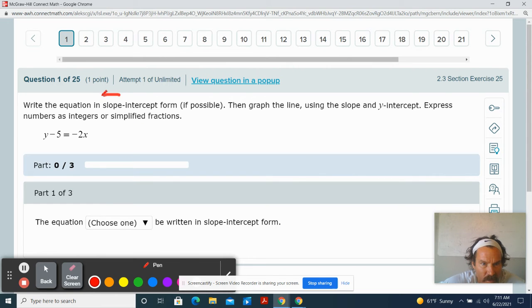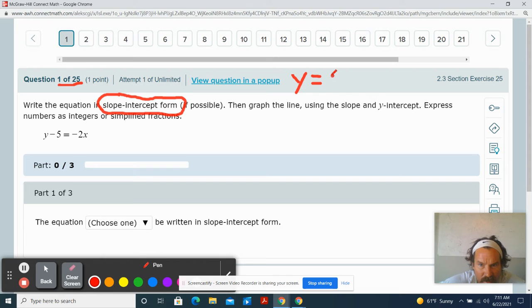It's called slope-intercept form, and this is what the entire problem set's about. All 25 problems deal with slope-intercept form. Slope-intercept form is a form of an equation where y is on the left-hand side and everything else is on the right-hand side.